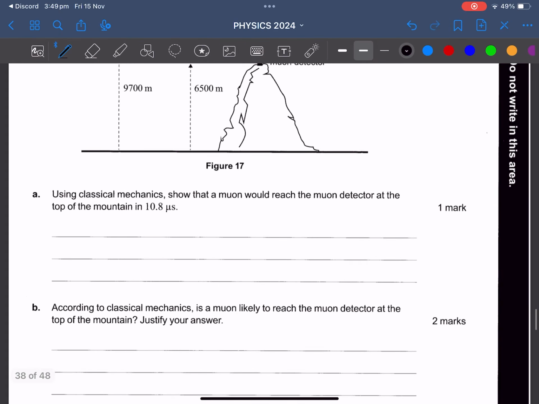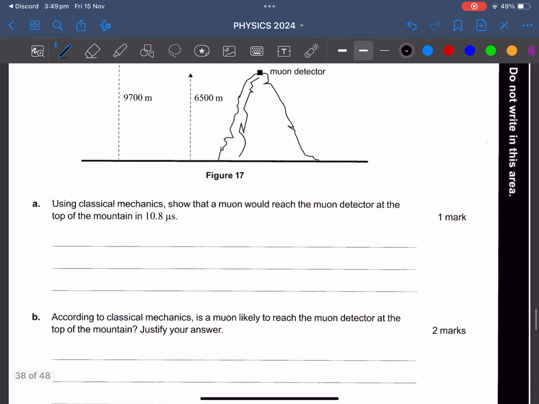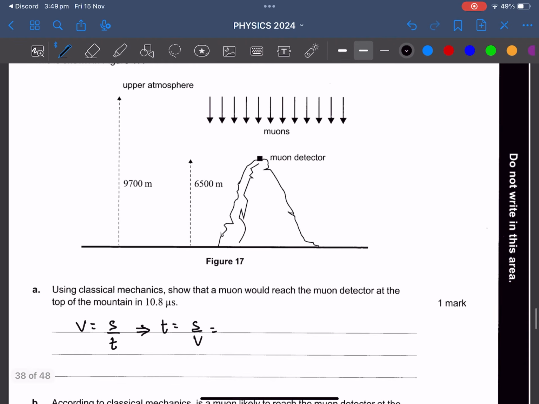Okay, so using classical mechanics, show that a muon would reach the muon detector at the top of the mountain in 10.8 microseconds. Okay, well, so V is equals to S on T, and that means time is equals to S on V. So our distance is going to be this distance, basically, just from here all the way to here.